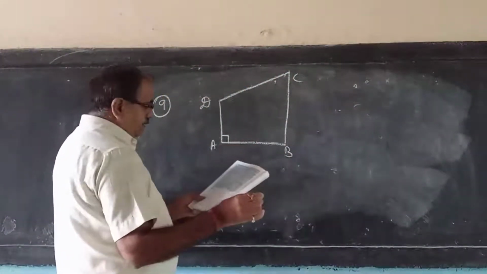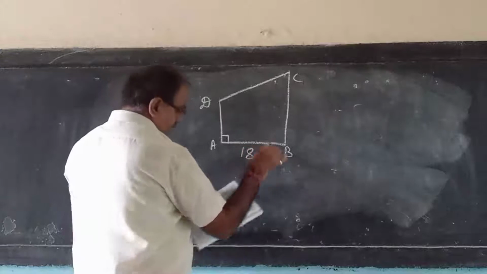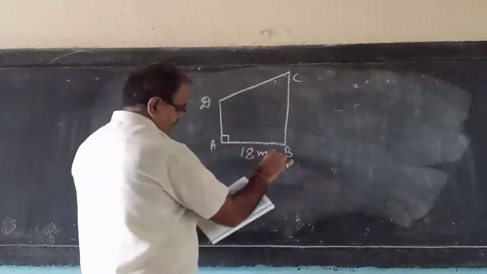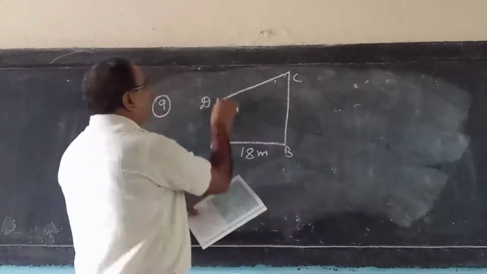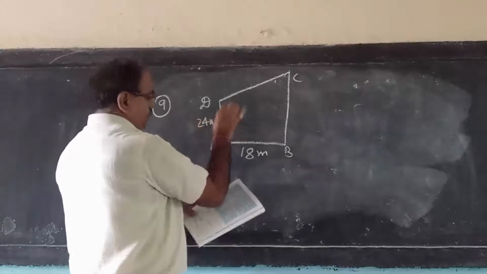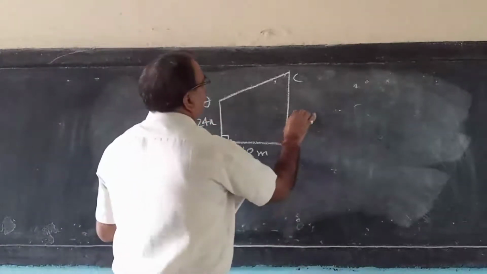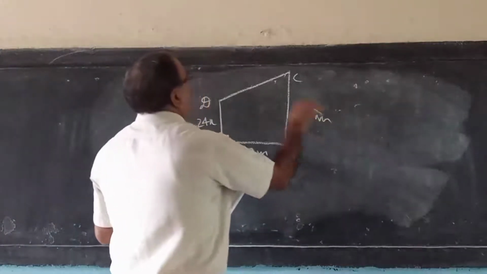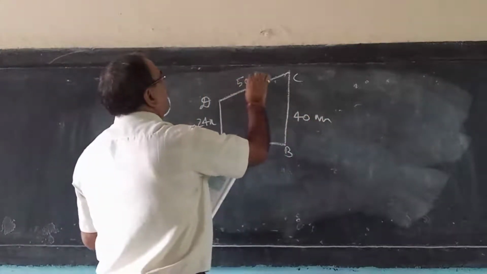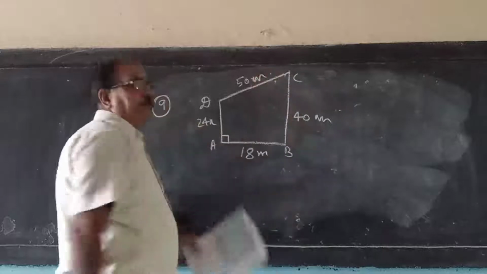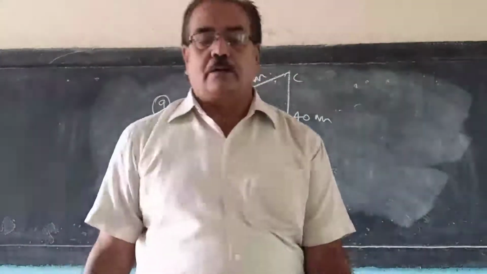Now AB is given 18 meter. AD is given 24 meter. BC is given 40 meter. And DC is given 50 meter. Then we have to find the area of this quadrilateral.